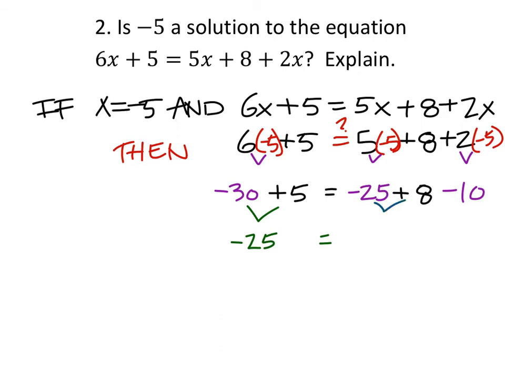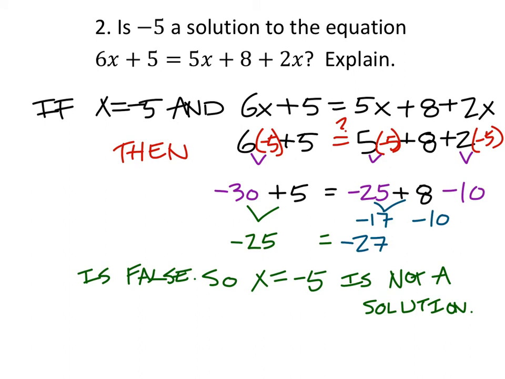Then I've got negative 25 plus 8, which is negative 17. Then we still have that minus 10, which would be negative 27. So this is false. Therefore, x equals negative 5 is not a solution. There we go.